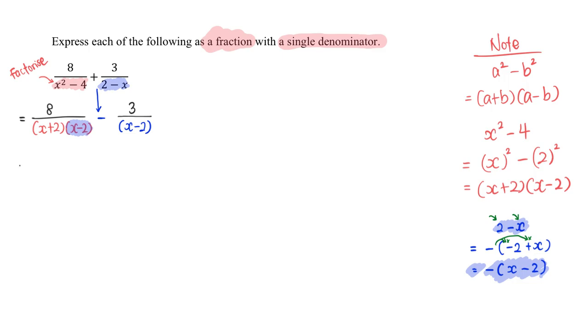And why does Mr. Tan do that? Because Mr. Tan then is able to just simply multiply by x plus 2, x plus 2, and we will be able to get a common denominator, x plus 2, x minus 2.